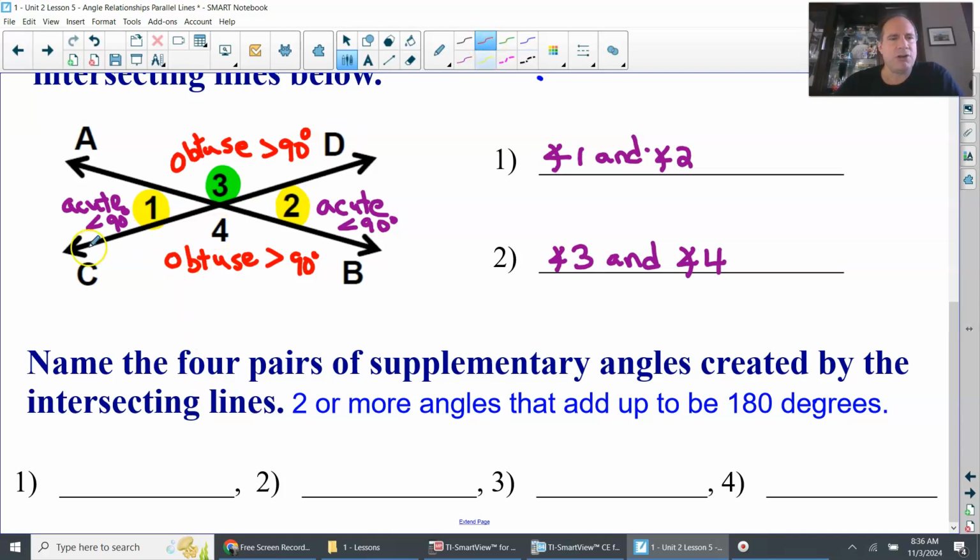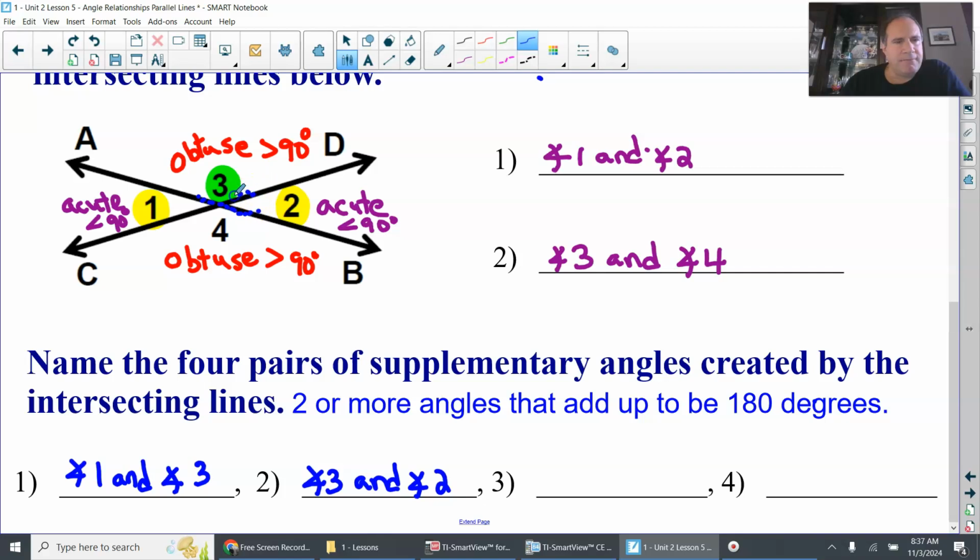So we're just going to go along, and you see angle 1 and angle 3 right here. That is a straight line. Straight lines equal 180 degrees. So angle 1 and 3. And then a straight line going this way right here. You see it, 3 and 2, a straight line, angle 3 and angle 2.